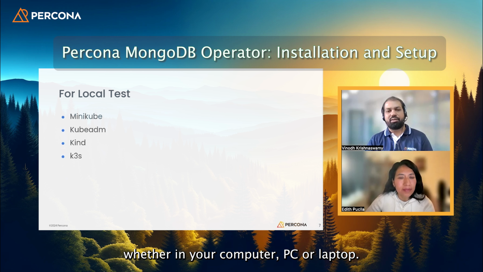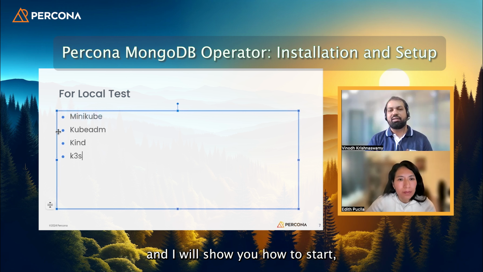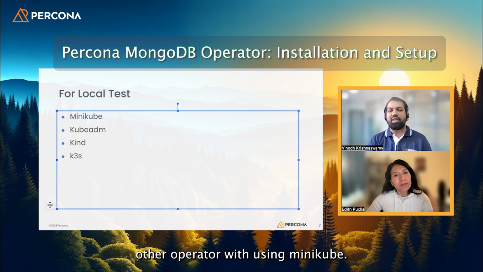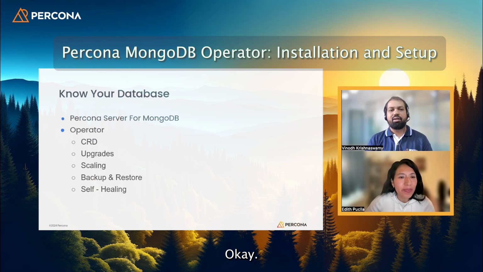It will help you to create your database operator very fast and to test it on your local machine itself. So today we are going to use Minikube, and I will show you how to start our operator using Minikube.